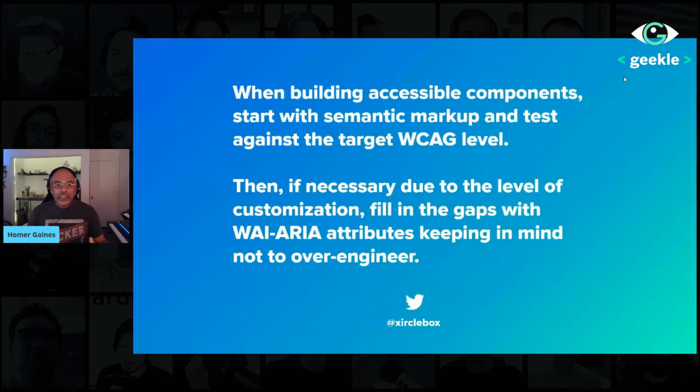So when building accessible components, we really want to start with semantic markup, and then we want to test our components against the WCAG first. Then after that, if you start to find any gaps in your components where the accessibility or the accessible tech is actually failing, that's when you want to start adding the ARIA labels in to fill in those spaces.